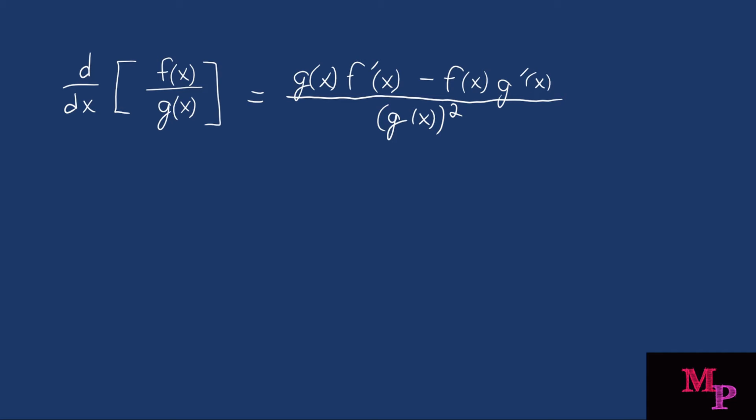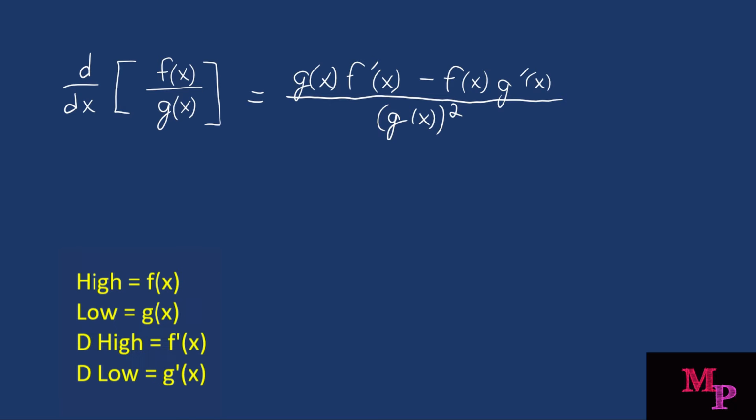And a simpler way to remember it is low d high minus high d low over the square of what's below, where low is your g of x and high is your f of x. So let me write it out real quick.